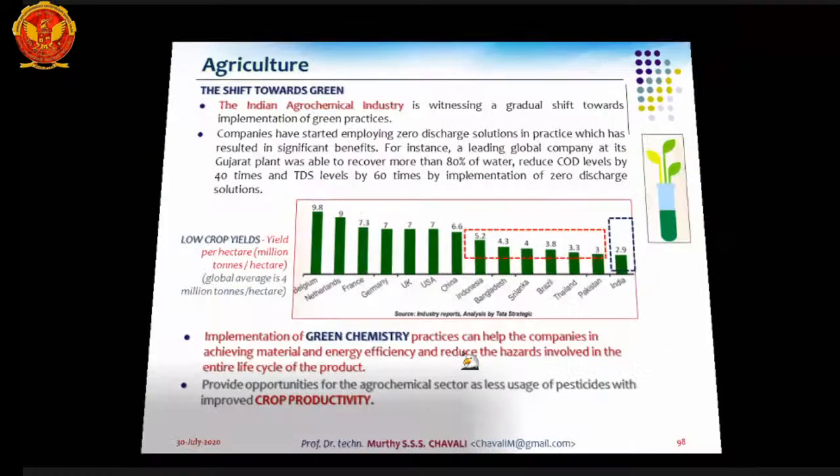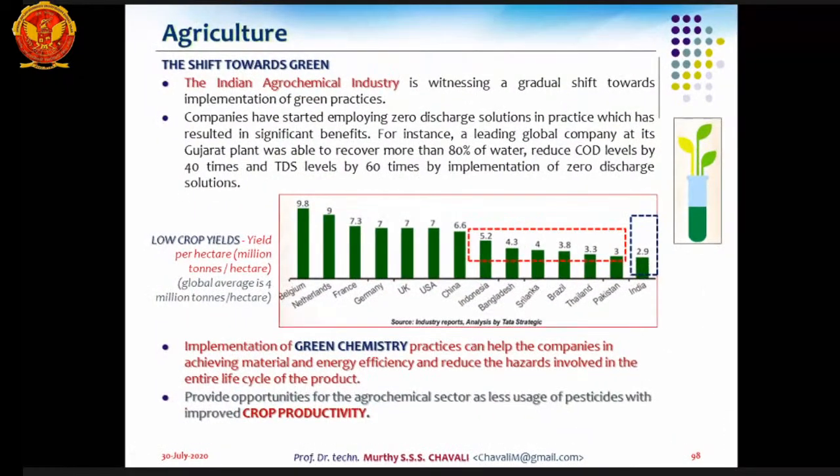Like that, we are also working on different types of electronic sensors towards increasing the output per hectare, or yield per hectare, as per the guidelines of ICAR, where they need MEMS-based sensors which can utilize green chemistry practices so that the yield can be increased.